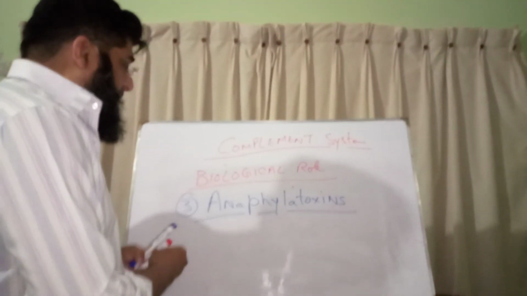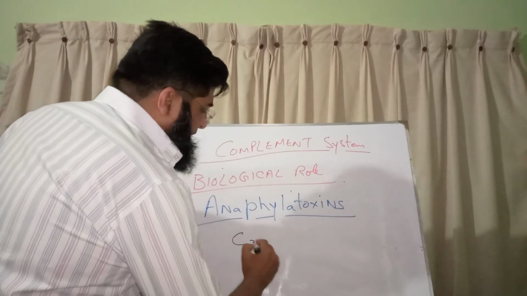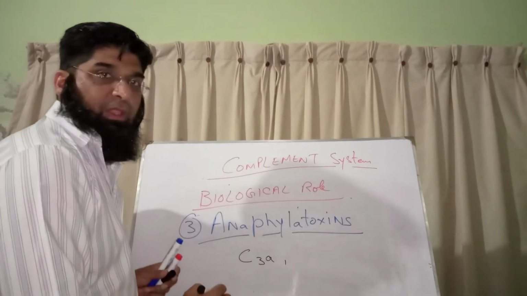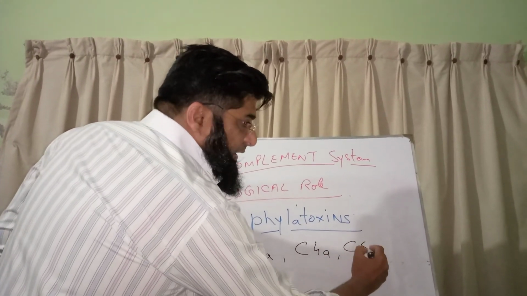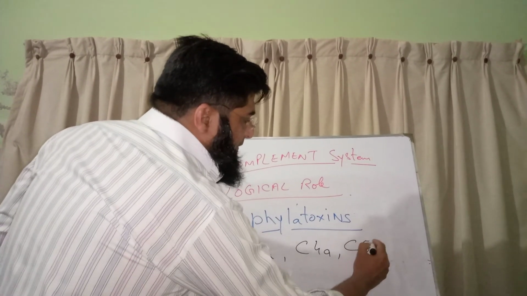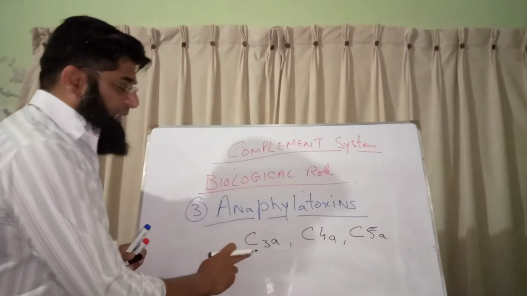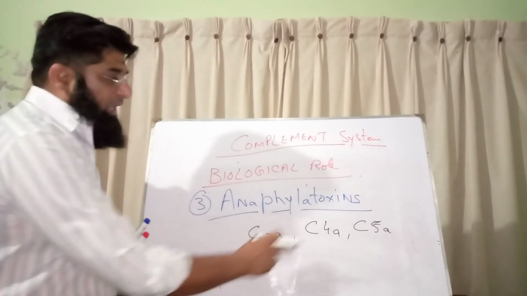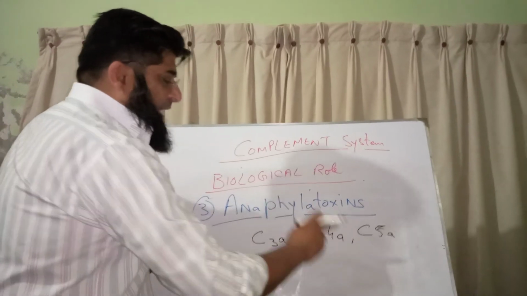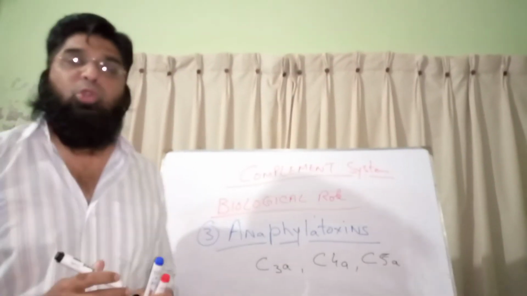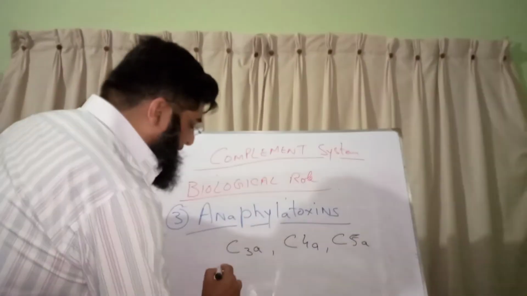Students, complement proteins like C3a, C4a and C5a, these three complement proteins, they destabilize the mast cells.